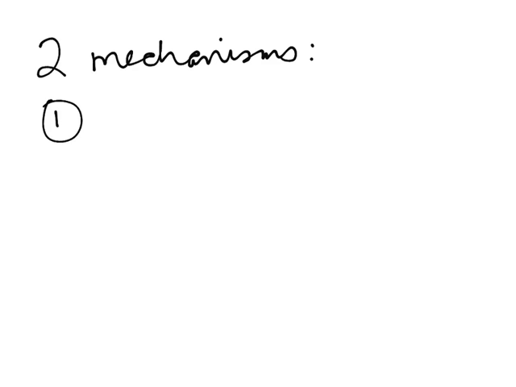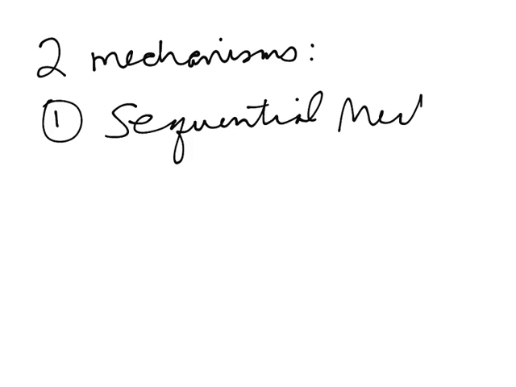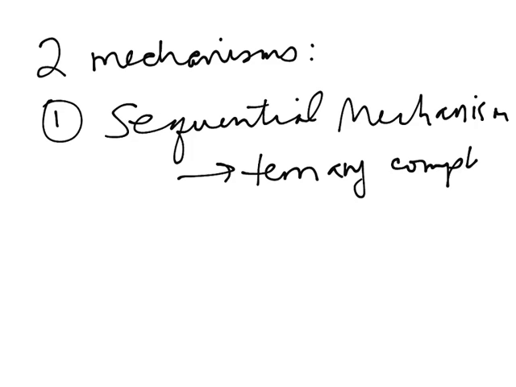One is called a sequential mechanism, which involves formation of a ternary complex. A ternary complex is just what it sounds like. It's an enzyme bound to three things.